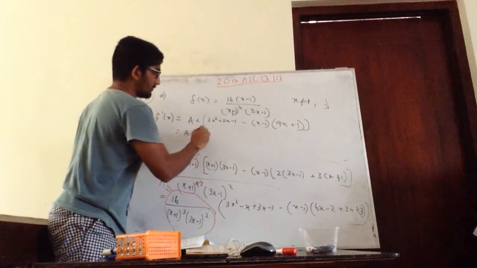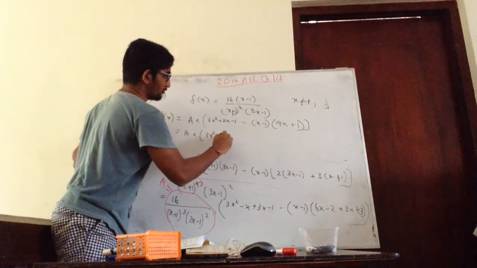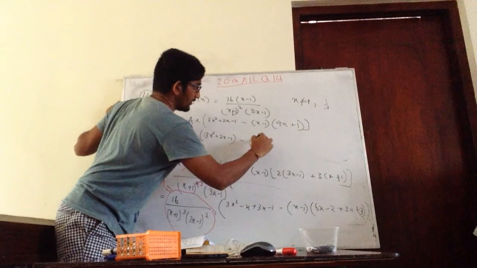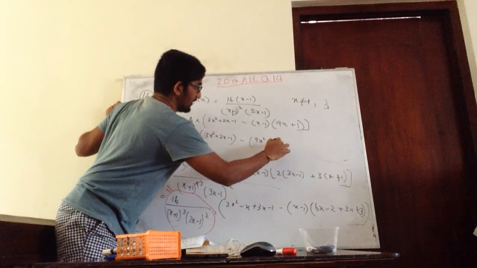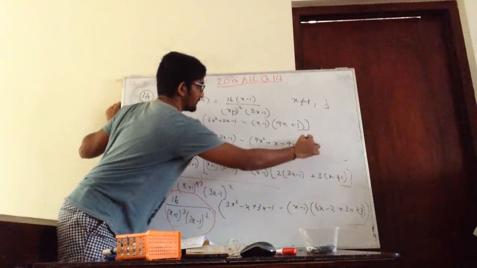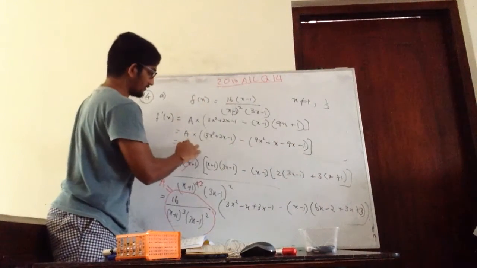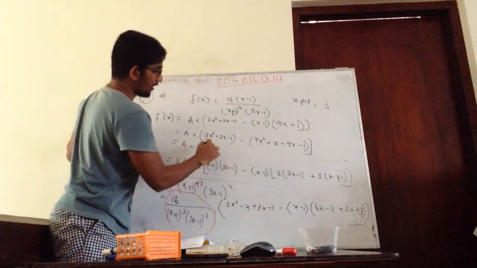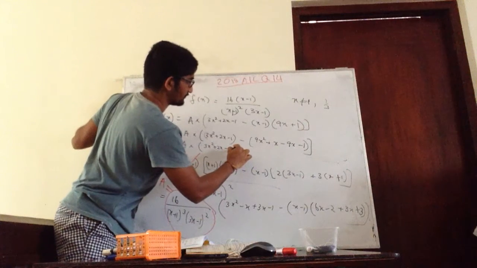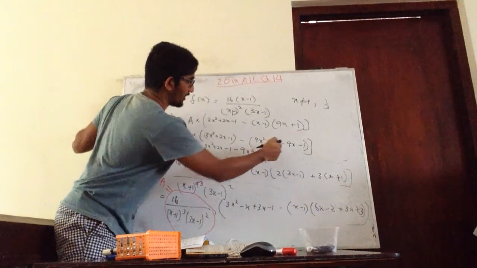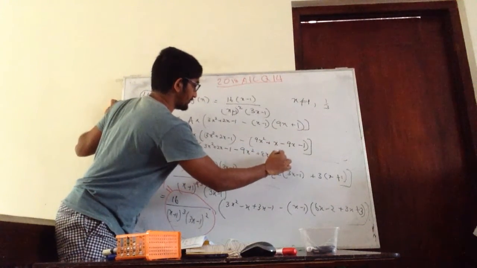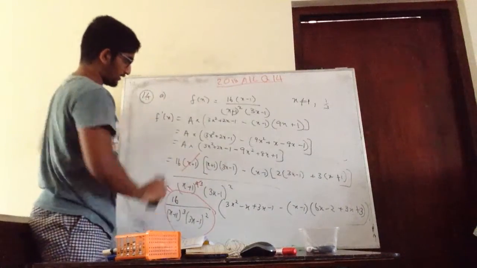So we'll get A times (3x² + 2x − 1) minus this, I will get 9x² + x − 9x − 1. So A times (3x² + 2x − 1) minus 9x², this will be minus 8x, so plus 8x, this will be plus 1.